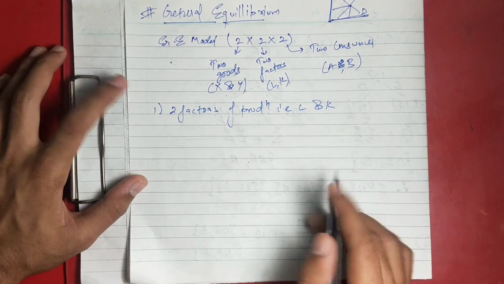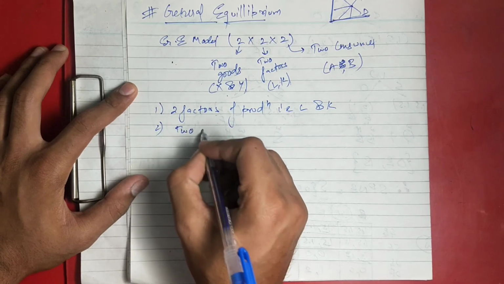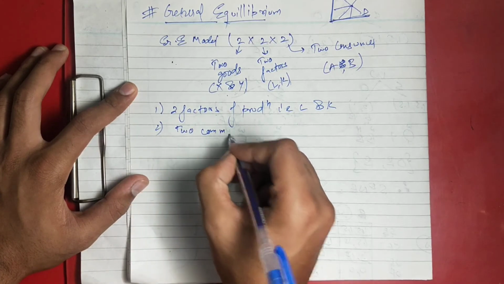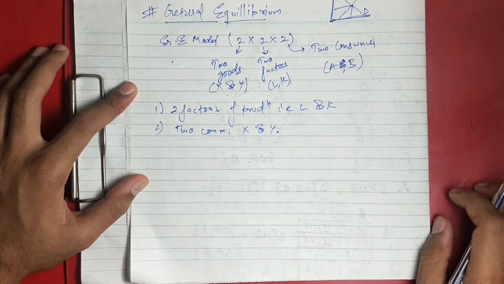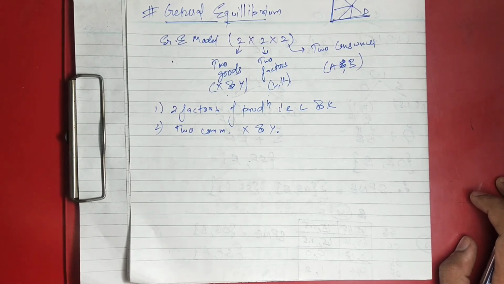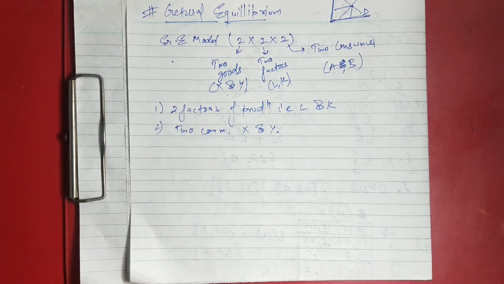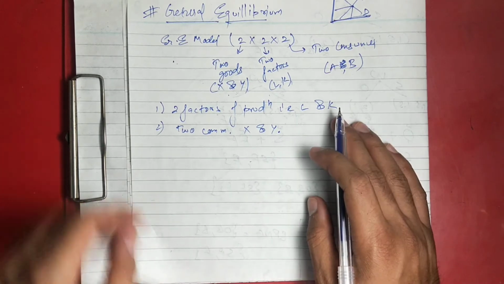It's easy. Another assumption: there are two commodities, X and Y. The production of the two commodities is shown by two isoquant maps showing diminishing MRTS and constant returns to scale. Again, there are two commodities X and Y, and the production functions of the two commodities are shown by two isoquant maps.